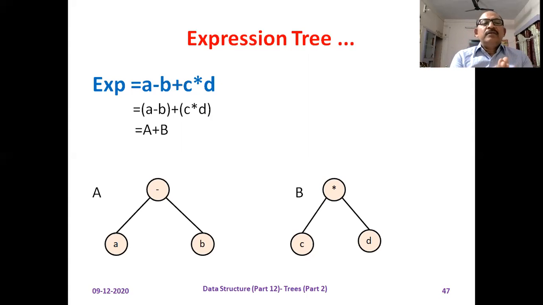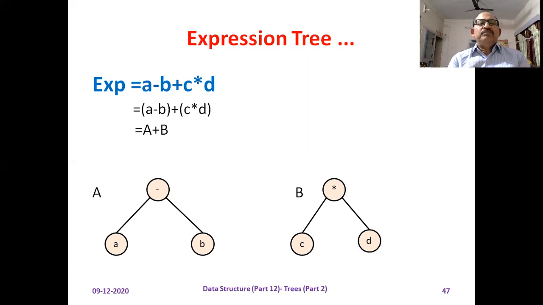Here we keep a minus b in left and right parentheses, and c into d in another pair of parentheses. In the place of a minus b, we write capital A, and in place of c into d, we write capital B.